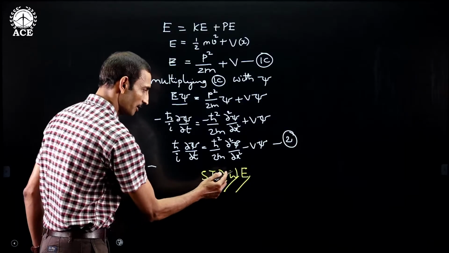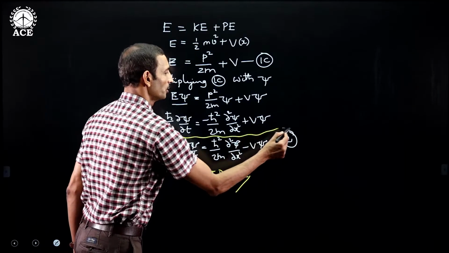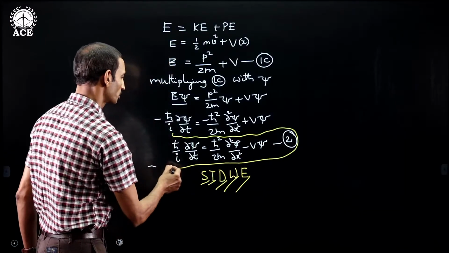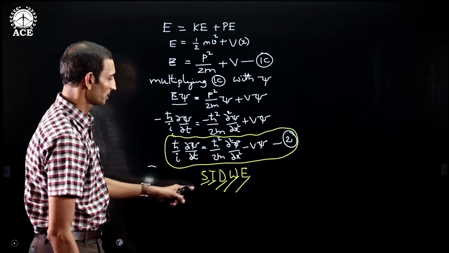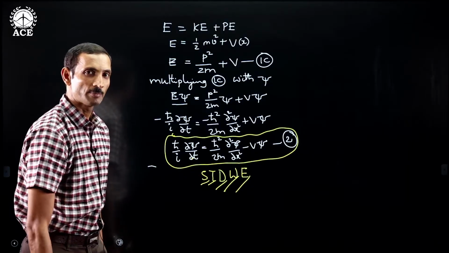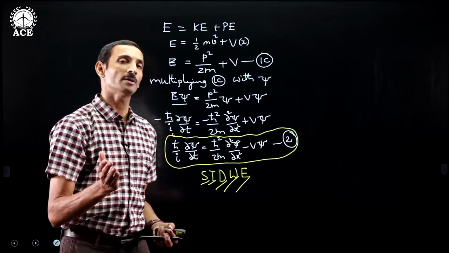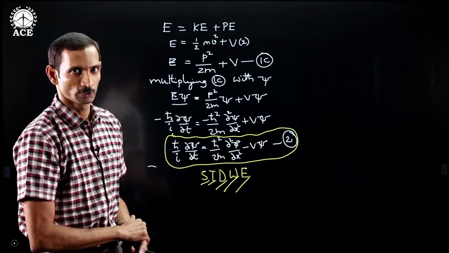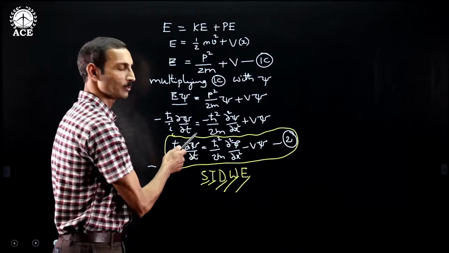Schrodinger time dependent wave equation. Why? This is a differential equation without any doubt. You can call it Schrodinger equation, but not independent of time, because you have dou psi by dou t here. So that's why this is called Schrodinger time dependent wave equation. See, generally Schrodinger wave equation is nothing but Schrodinger time independent wave equation. So we are more than halfway through. So equation 2 is this one.